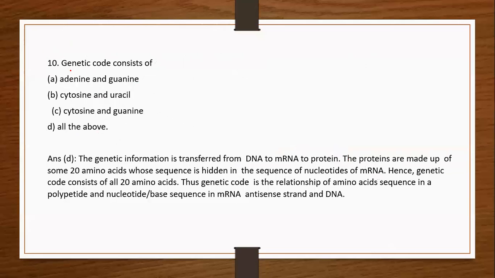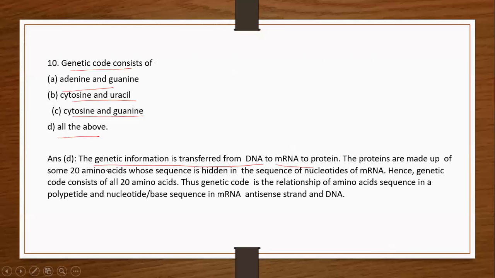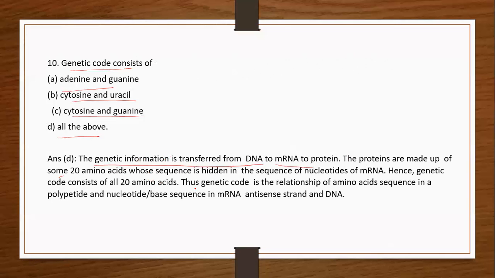Next question is, genetic code consists of adenine and guanine, cytosine and uracil, cytosine and guanine, all of the above. Now genetic information is transferred from DNA to mRNA and from mRNA to protein. We know that these proteins are made up of 20 amino acids, whose sequence is hidden in the sequence of nucleotides.